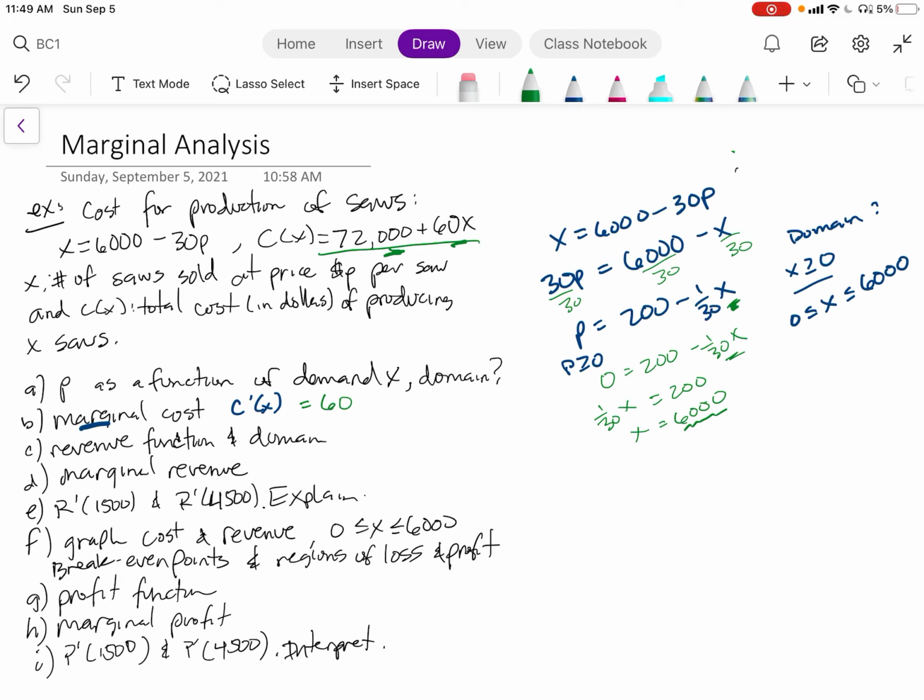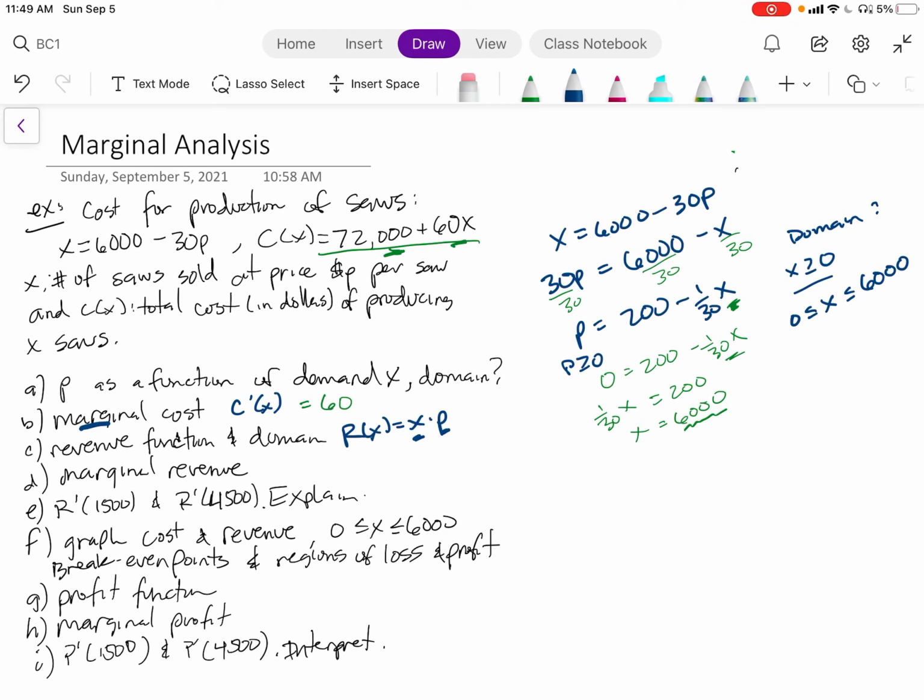Find the revenue function and state its domain. All right, so revenue is if we took the price P and multiplied it by however many we sold. So there is a function R of X equals X times P. How many units and then the price for each.